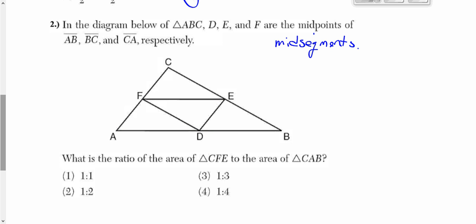Ratio of the area of triangle CFE. So where is CFE? This triangle compared to CAB, the big one. Would you all agree that this side is half of the big triangle side, and this side is half the other side, which is half of the whole thing?